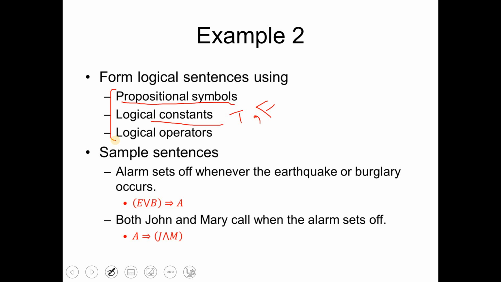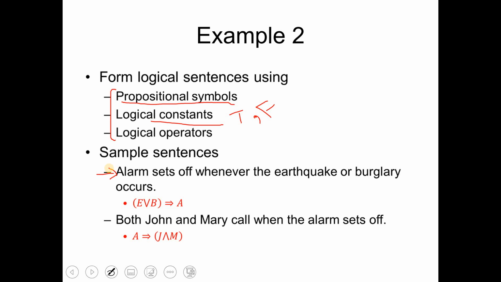For example, in the exam you can be given a sentence like this: alarm sets off whenever the earthquake or burglary occurs. Now think over it, and don't try to look at the answers. Just focus. You can understand this sentence and you can translate it or not.